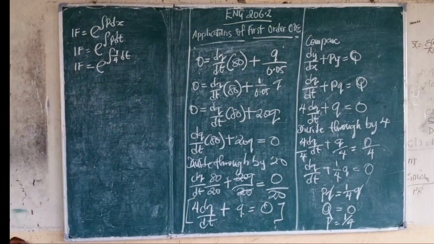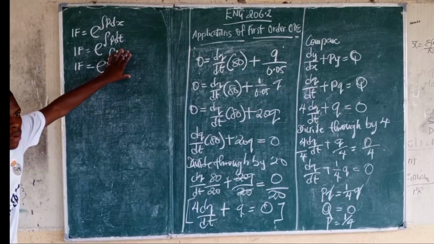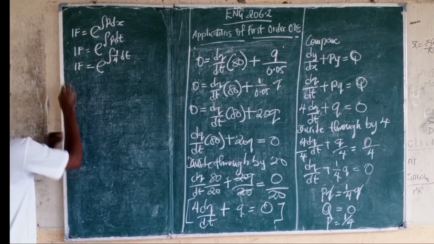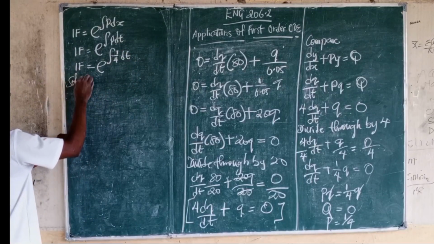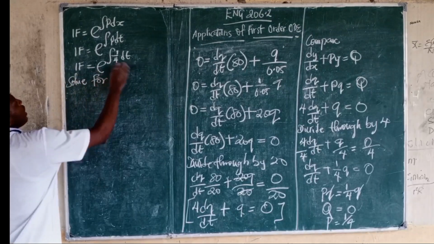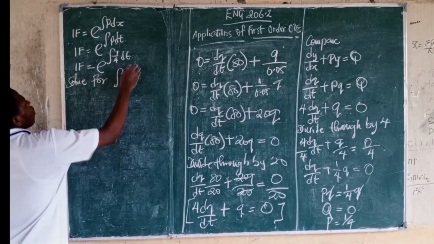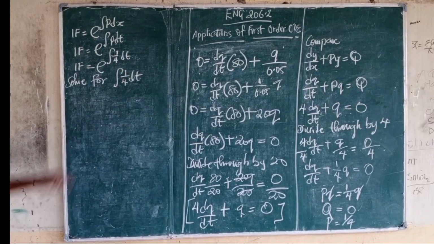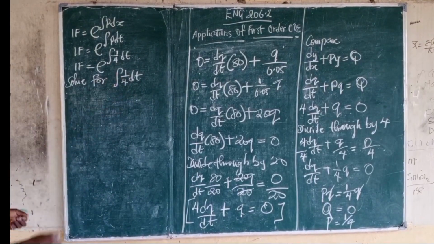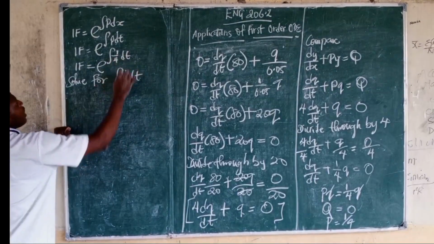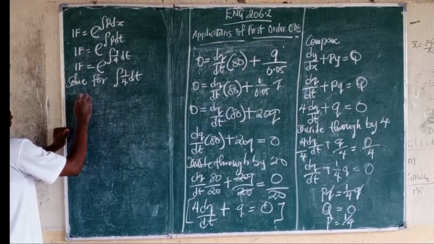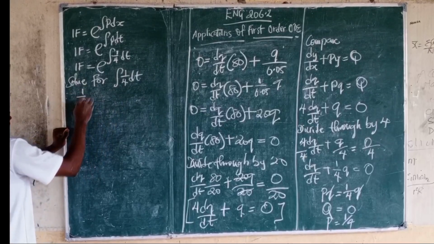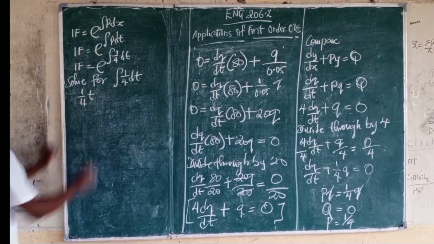Now the next step is to solve for this, which is your power. So we solve for the integral of 1 over 4 dt. If you integrate 1 over 4, you simply have 1 over 4 multiplied by t.